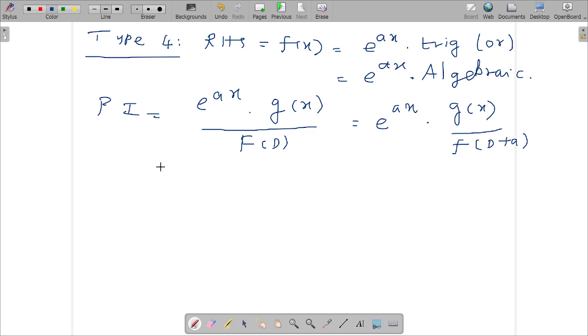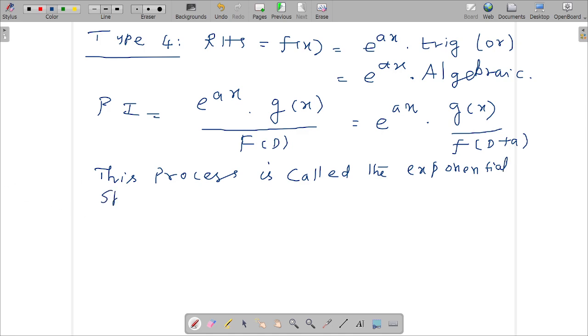Afterwards we can solve the equation. This process is called the exponential shift. Exponential shift is one important topic.